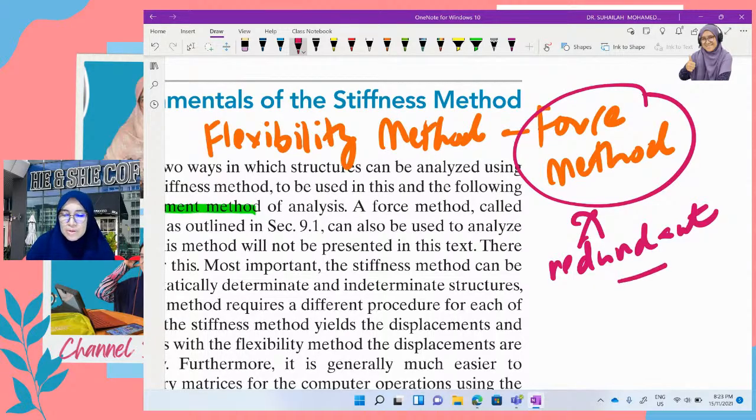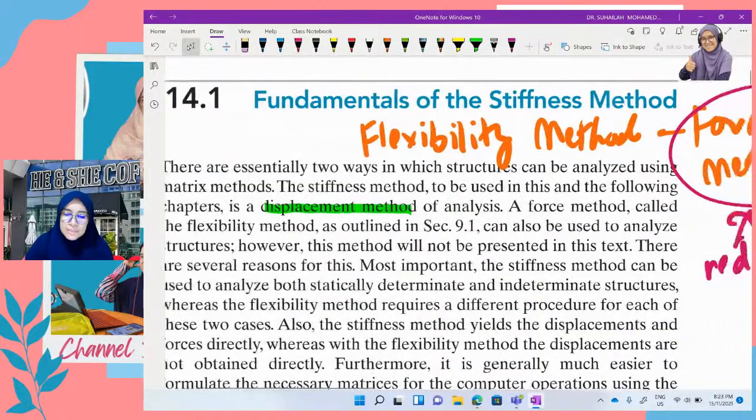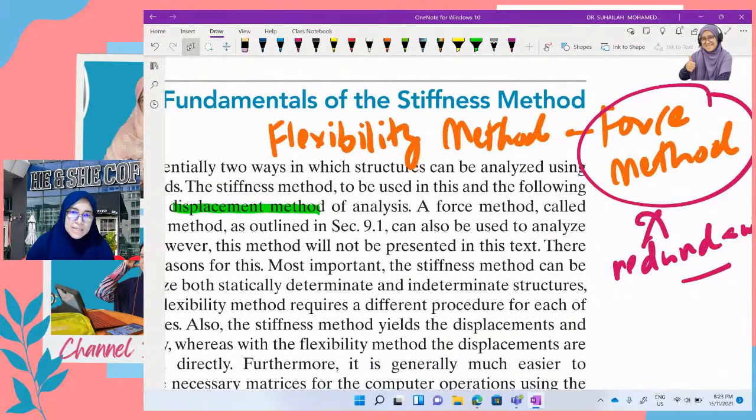That is why we also call the flexibility method the force method. Redundant is the output, the value that we analyze if we analyze structures using the flexibility method. So it is also known as the force method.